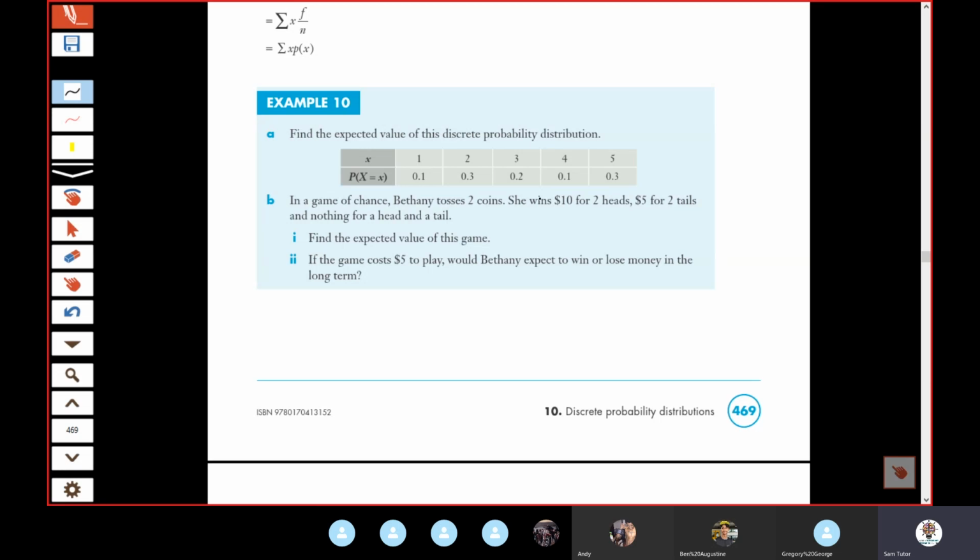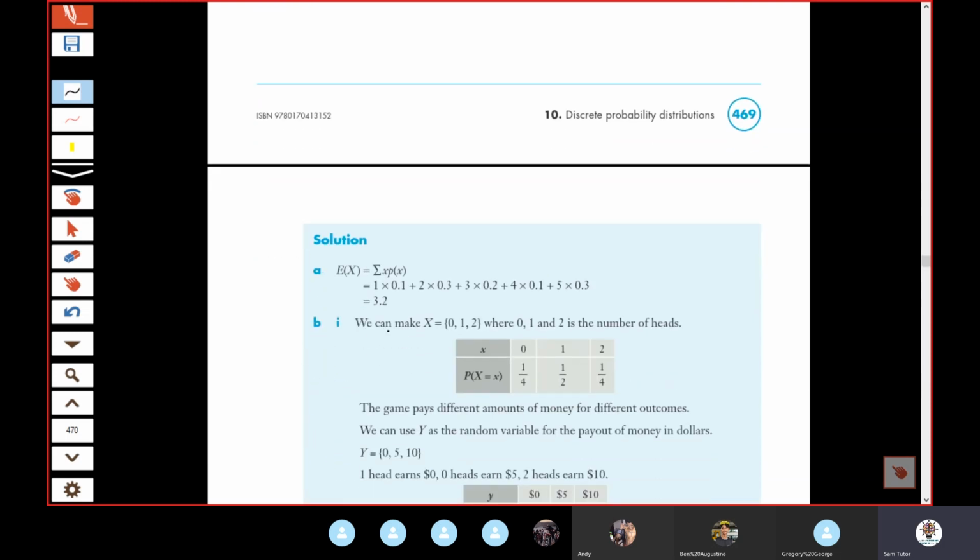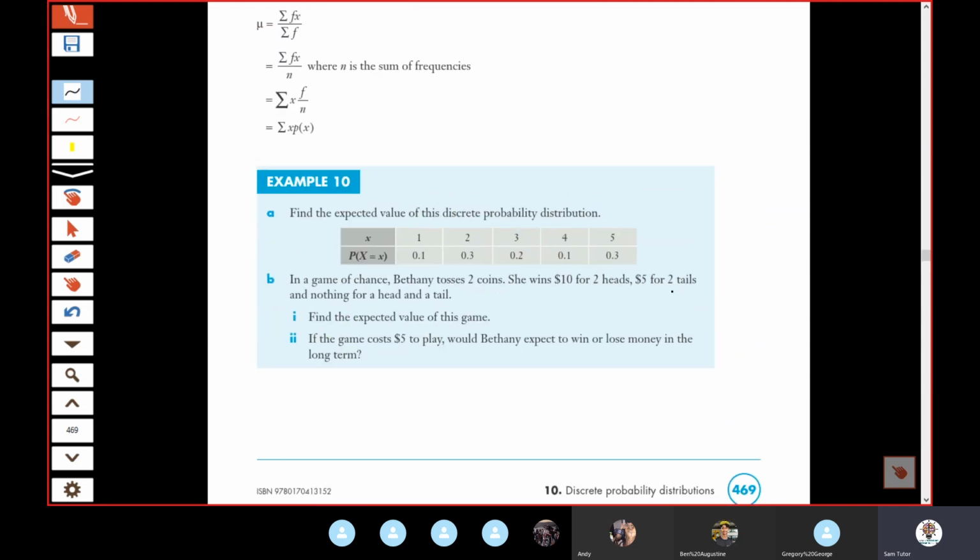So we can make x equal to 0, 1, and 2, where x is the number of heads. When you're seeing 2 tails, you think of it as 0 heads, then 2 heads, and then 1 head. 1 head means the other one has to be a tail, of course.